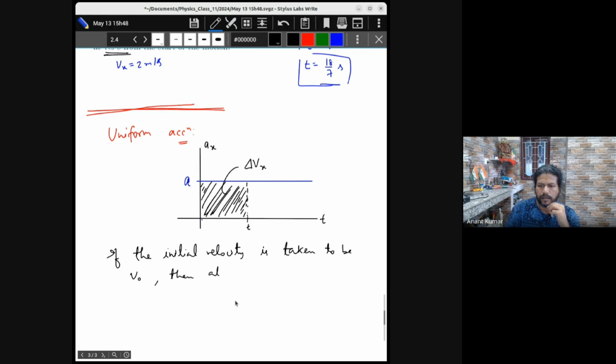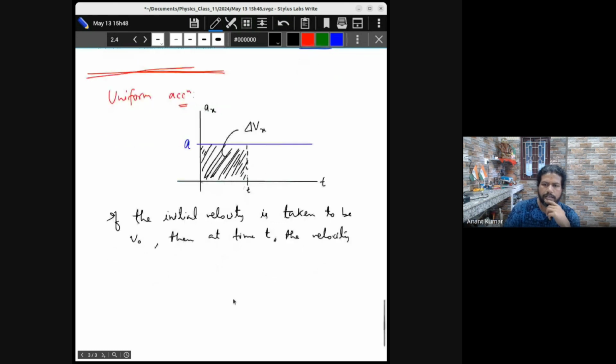Then at time t, the later time, the velocity can be obtained, Vx can be written down as V naught plus change in the velocity. Now, what is the change?